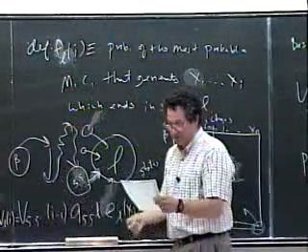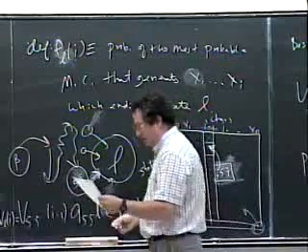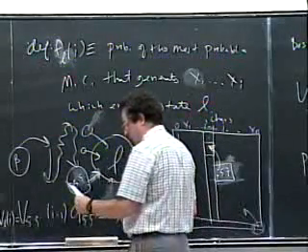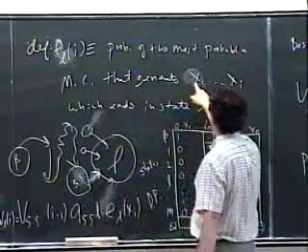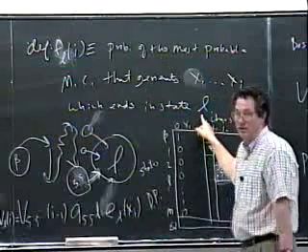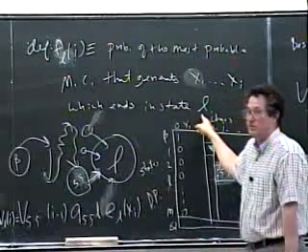Don't ask me where forward comes from. And it's no longer the probability of the most probable Markov chain that generates this thing and ends in state L. What should it be?